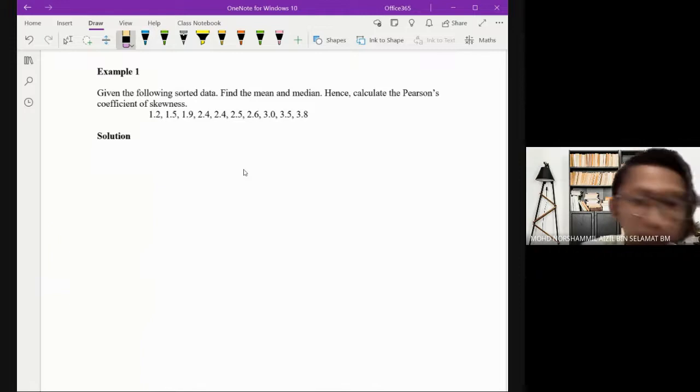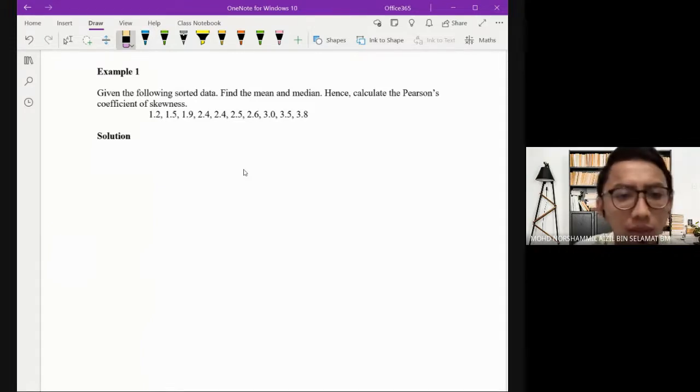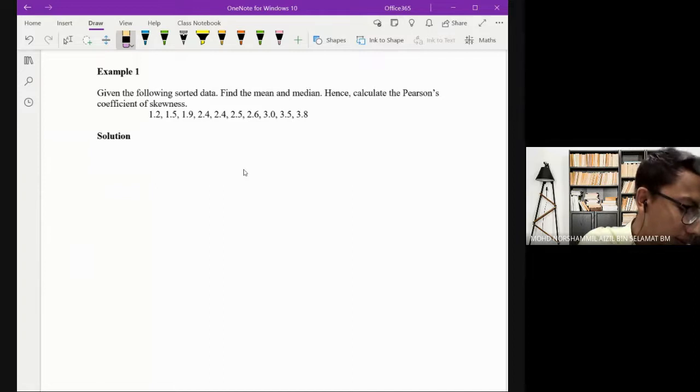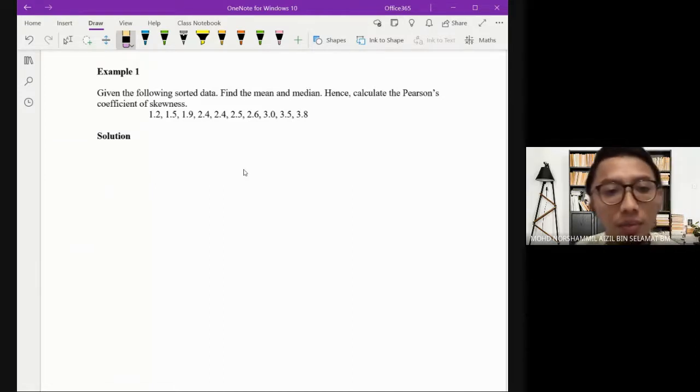Saya nak panggil beberapa pelajar ni, nama dia famous sikit lah dah di kalangan saya punya data ni. Habib ada? Habib DFT04. Habib tak ada. Ammar Hafiz ada?